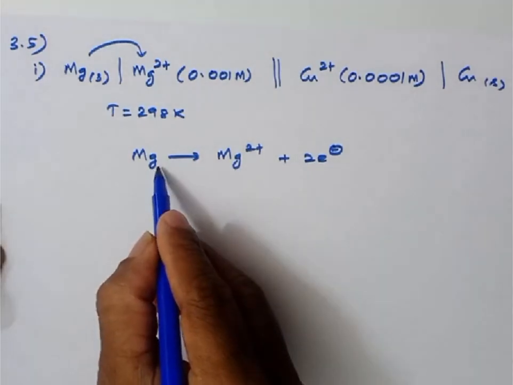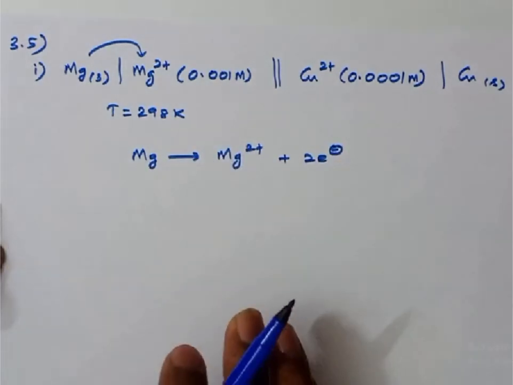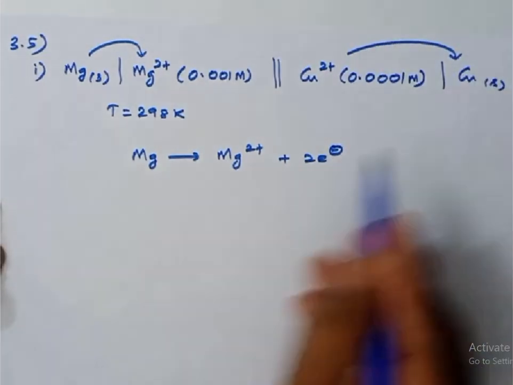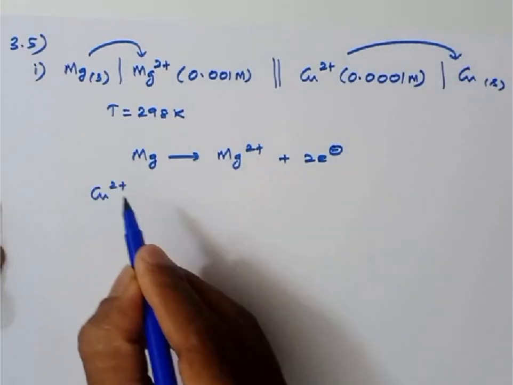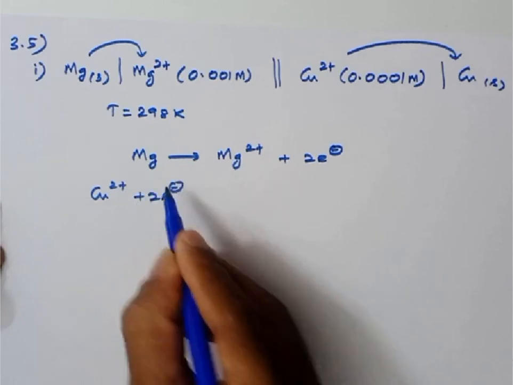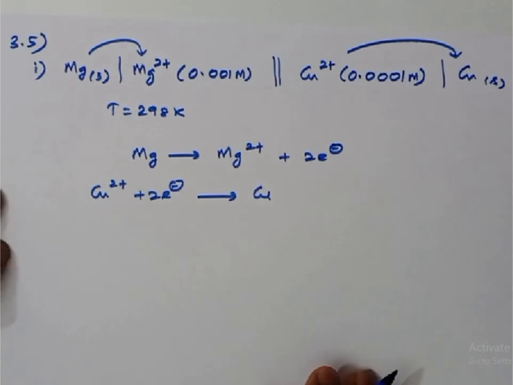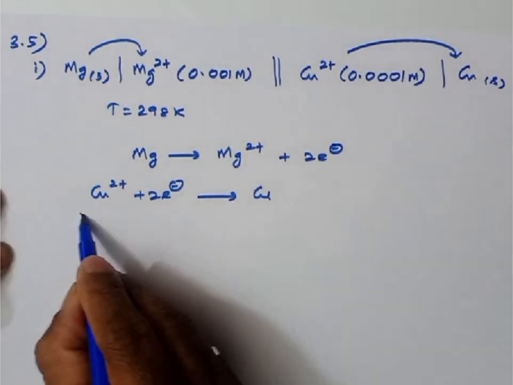We need to put solid, aqueous and all, but let us not worry about that now. Then in the right hand side electrode, cupric ion becomes copper. Cupric ion gains 2 electrons and becomes copper. So this is the reaction that occurs in the cathodic compartment. Now what's the overall reaction?